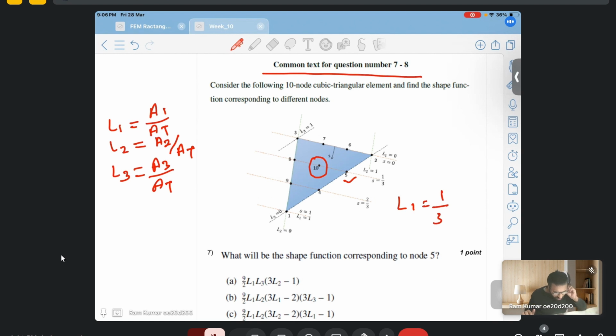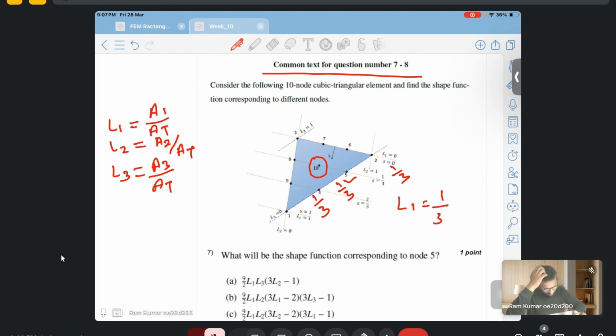And we are taking the point at 5, so it is 1 by 3, 2 by 3, and 1 in total. At node 4 it should be 2 by 3, and at node 1 exactly 3 by 3, meaning 1.